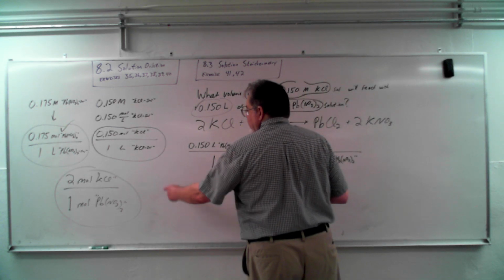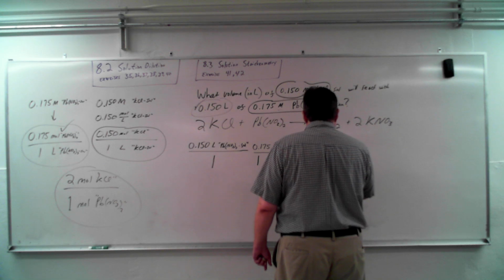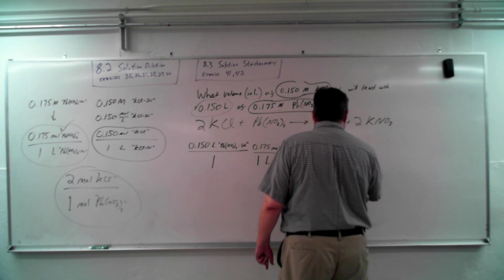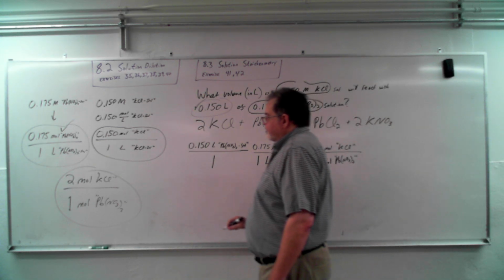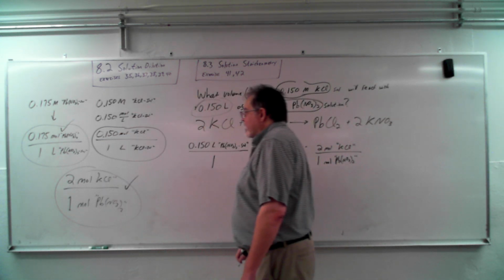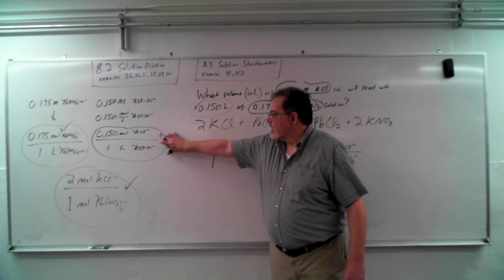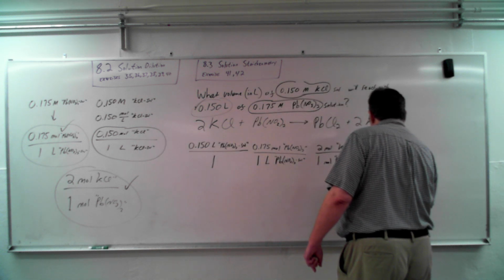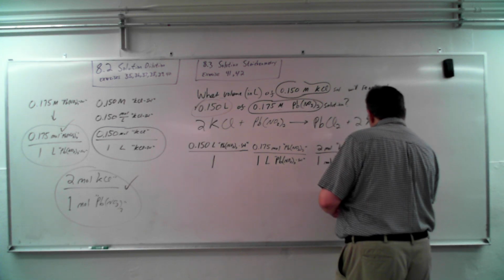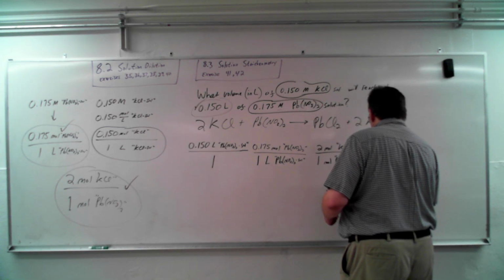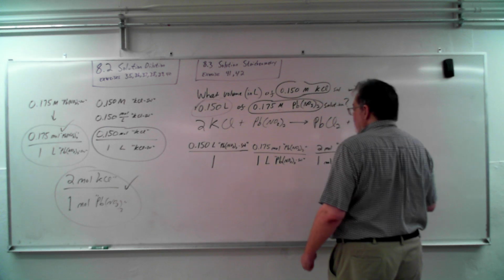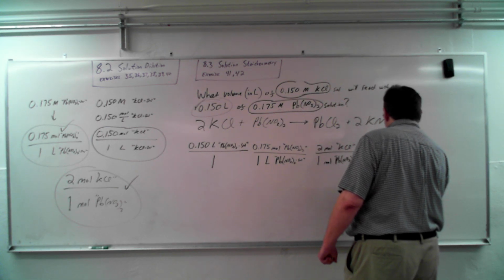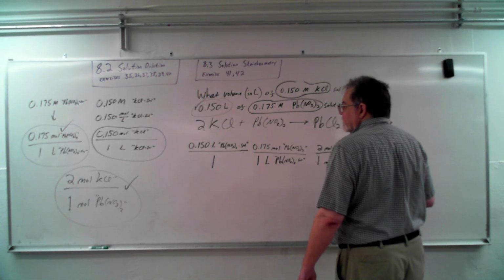And on top is 2 moles of KCl. Moles of KCl now needs to be on the bottom. This is what we have left, so that needs to be on the bottom: 0.150 moles and 1 liter of KCl solution.